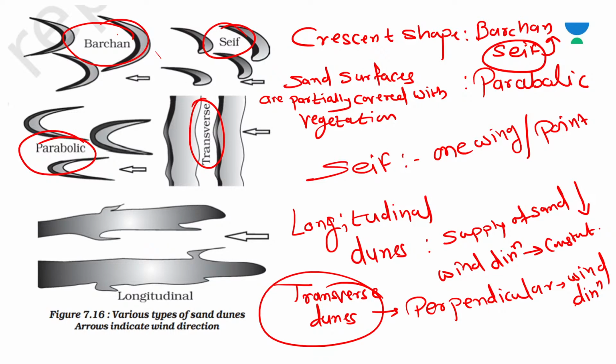So these transverse dunes are aligned perpendicular to wind direction, and these dunes form when the wind direction is constant and the source of sand is an elongated feature at right angles to the wind direction.